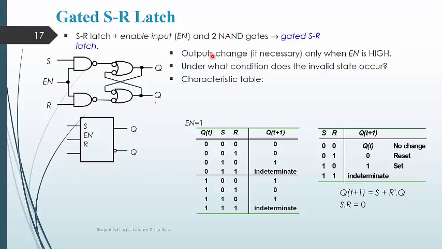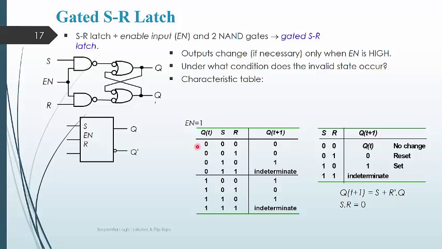In this situation, the output values Q and Q bar are going to change only when the enable input is high. If the enable input is low, the output states are not going to change. And whether the invalid state is going to occur or not, that we also have to check. So we can see here that the output Qt, that means the present state output, is 0.